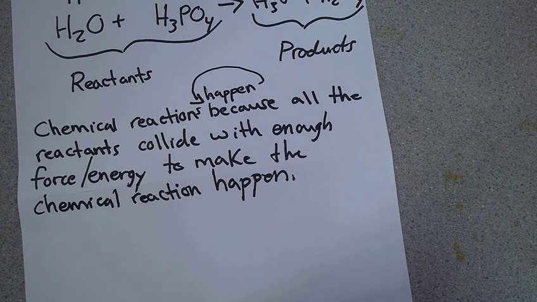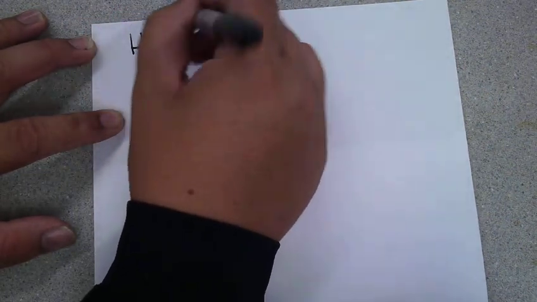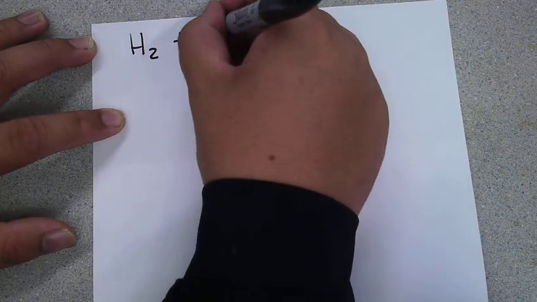Okay, well, chemical reactions happen because all the reactants collide with enough force and energy to make the chemical reaction happen. Not all chemical reactions require tons and tons of force. Some require just a little teeny tiny bit. So we are going to look at a chemical reaction that takes very, very little energy. It is the reaction of hydrogen gas and oxygen gas.